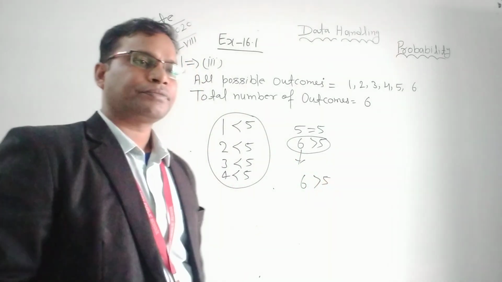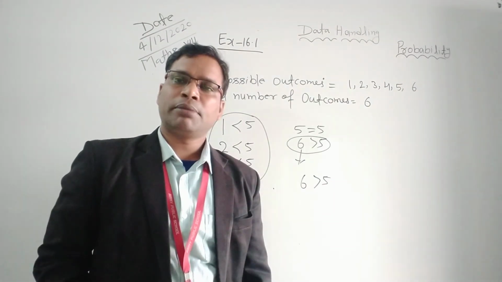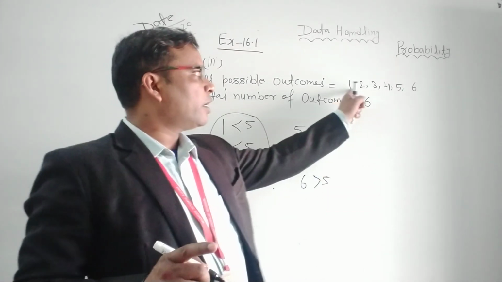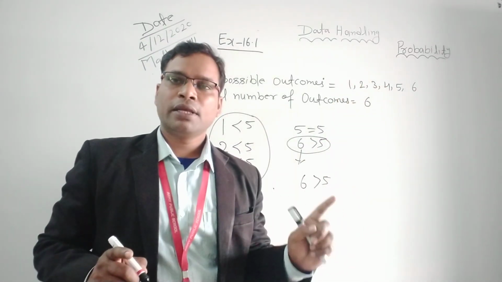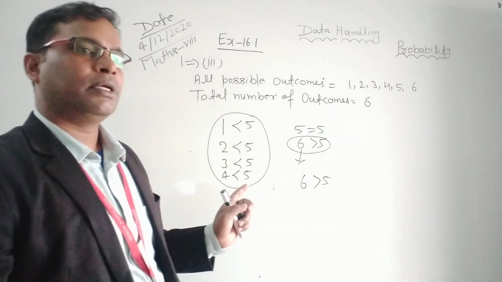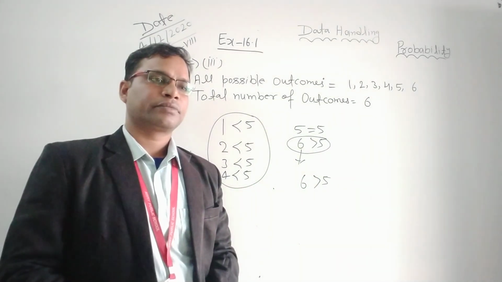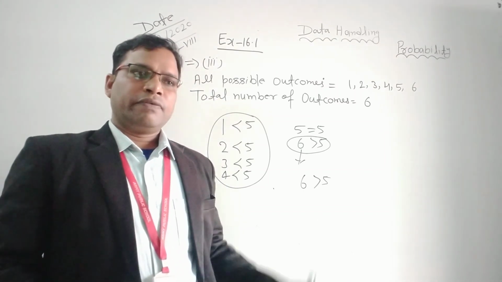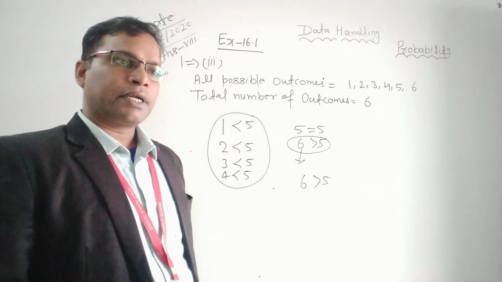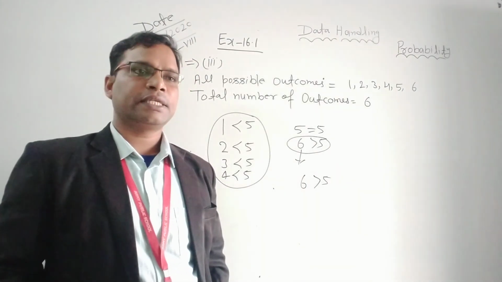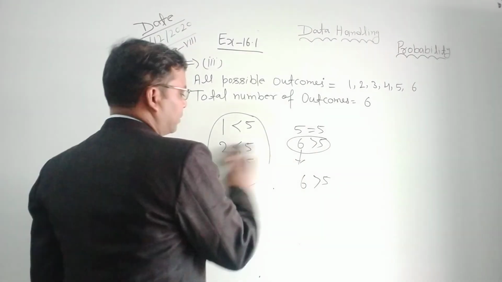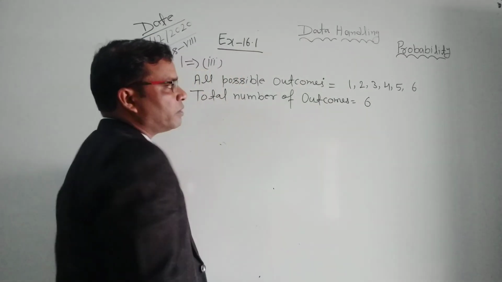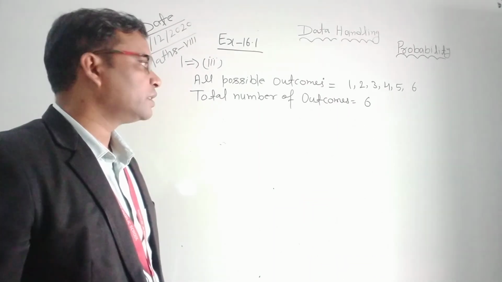So it means the number of favorable outcomes is 1, because only 6 is greater than 5. All possible outcomes are 6.